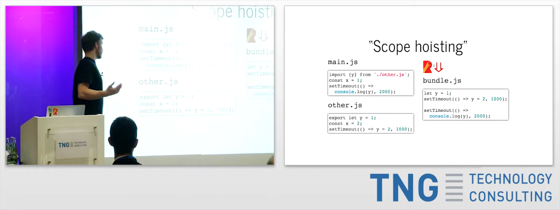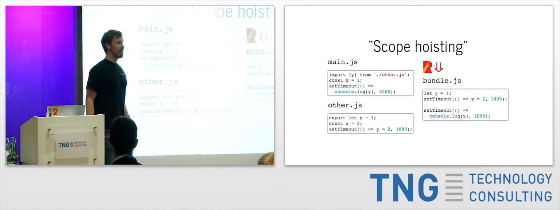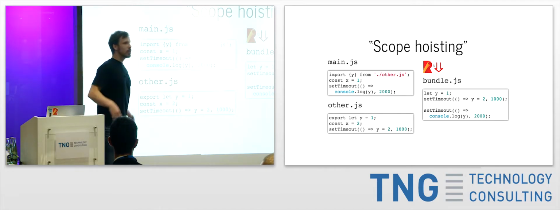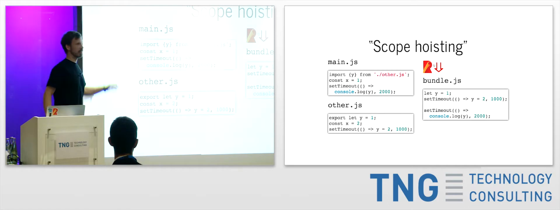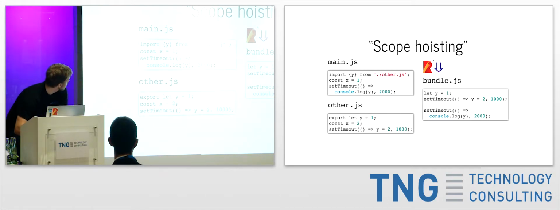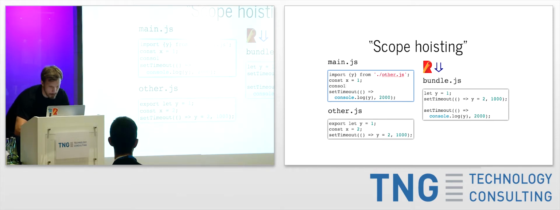Is it broken? No, actually it's not broken. This is by design. Because I'm not using the constant x, it doesn't have an observable effect that I define the constant here. So let's just add some side effect here. We're logging x over here, and we're logging x down there.